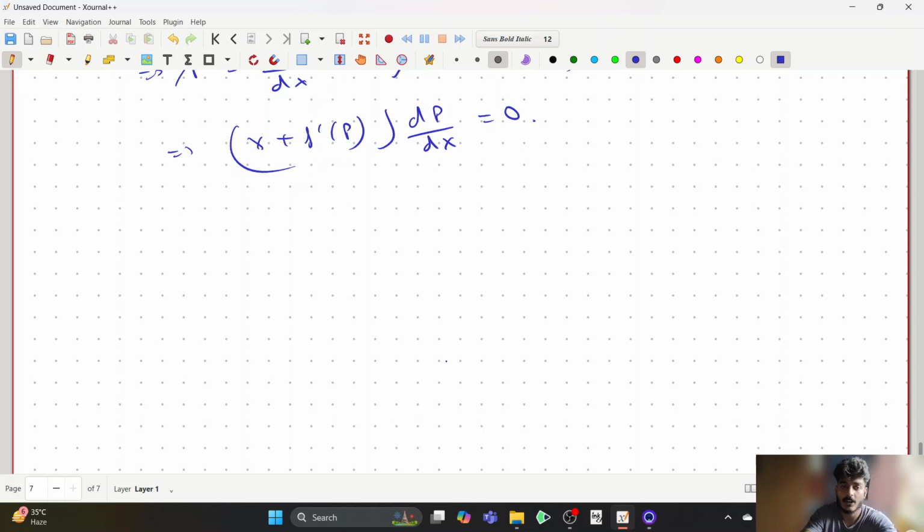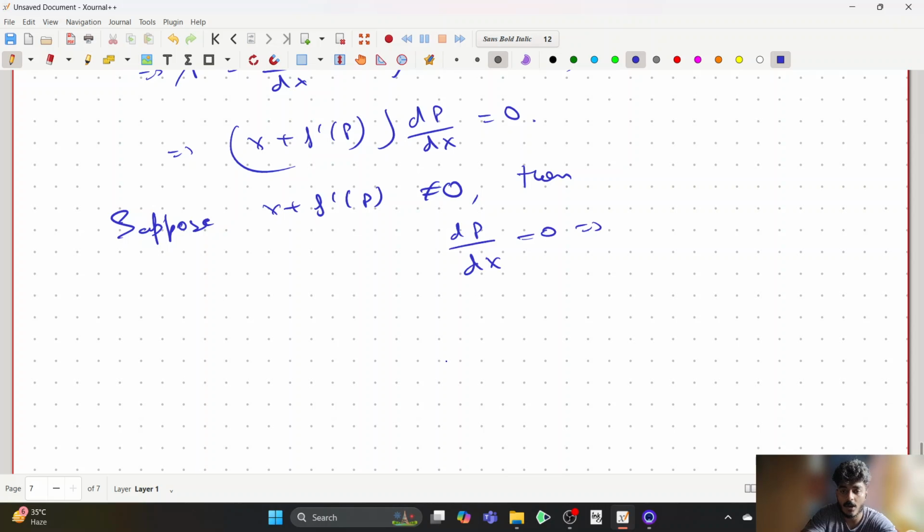Right? So suppose x + f′(p) is non-zero, then I have dp/dx = 0. In this case, I get p = c, which is a constant, to be a solution.